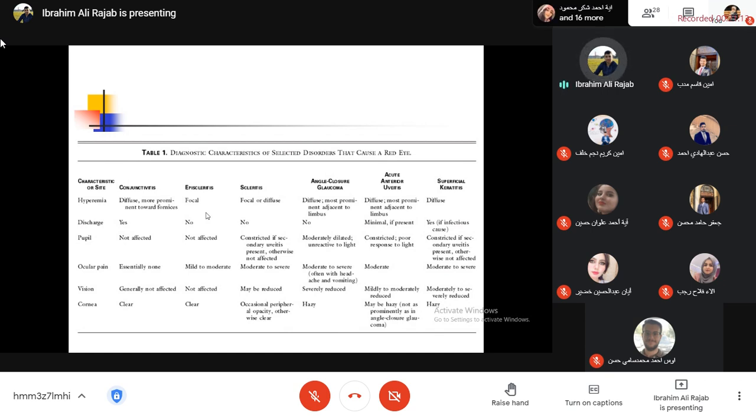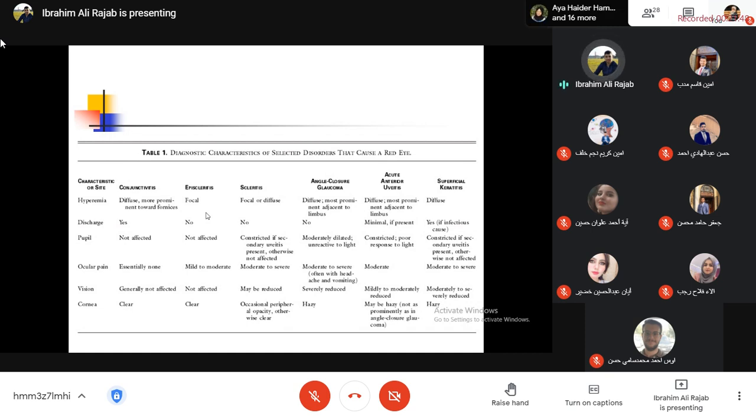In anterior uveitis, also the redness is maximally surrounding the cornea. There is no discharge, or it may be minimal, but usually there is no discharge. The pupillary light reflex is also involved, as I told you. There will be a sphincter spasm, and there is pain or discomfort. The vision is affected because there is inflammation in the anterior chamber.